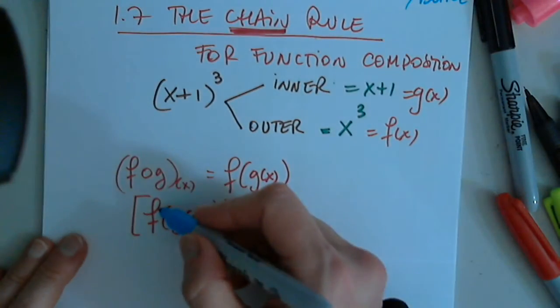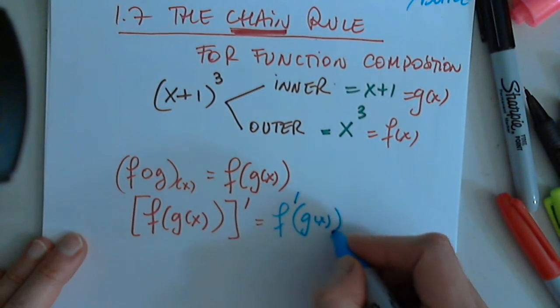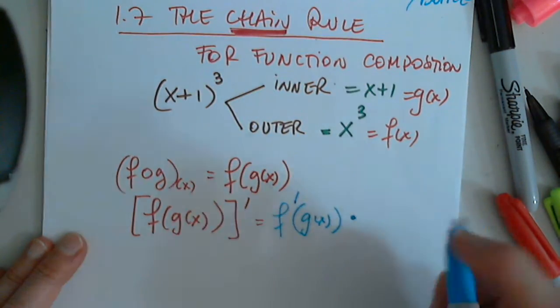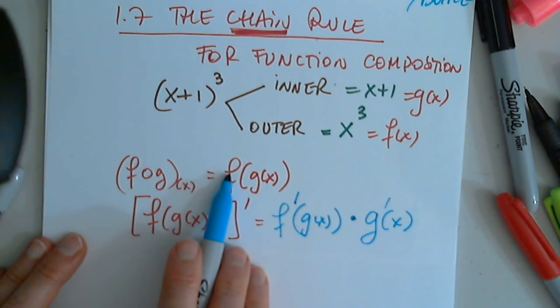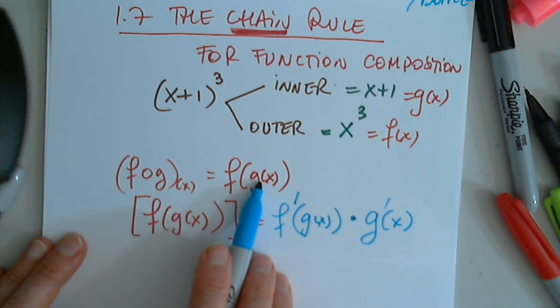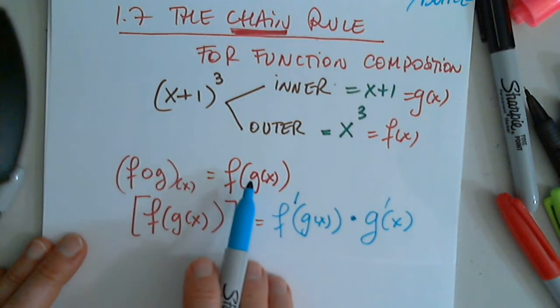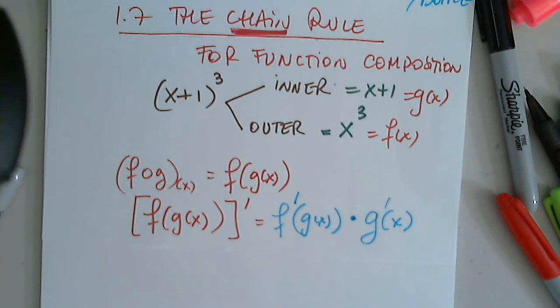I have to differentiate the outer function first, evaluate it at g of x, and then multiply, chain, by the inner function prime. So first I differentiate the outer, and then I differentiate the inner. And if I have 3, I will differentiate the outer, then the inner, and then the innermost. So that's the chain rule. So let's look at some examples. Please open on page 163.